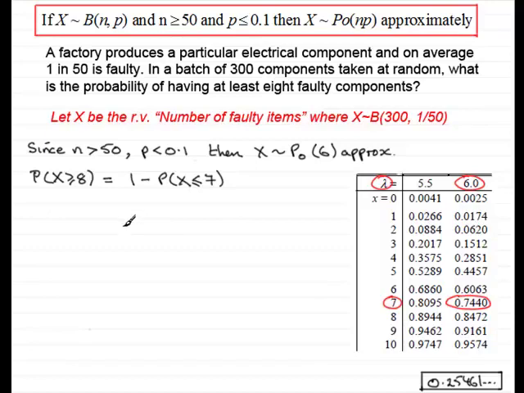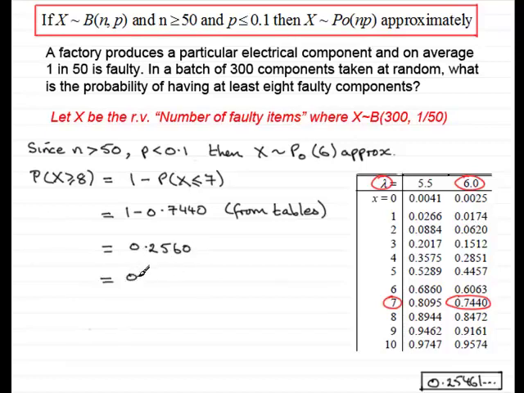0.7440. So all we need to do is just write that in as 1 minus 0.7440. It's a good idea when you're using tables just to say from tables, so I put that in brackets there. And if we do that subtraction, then what you get is 0.2560, and it's best to round this.